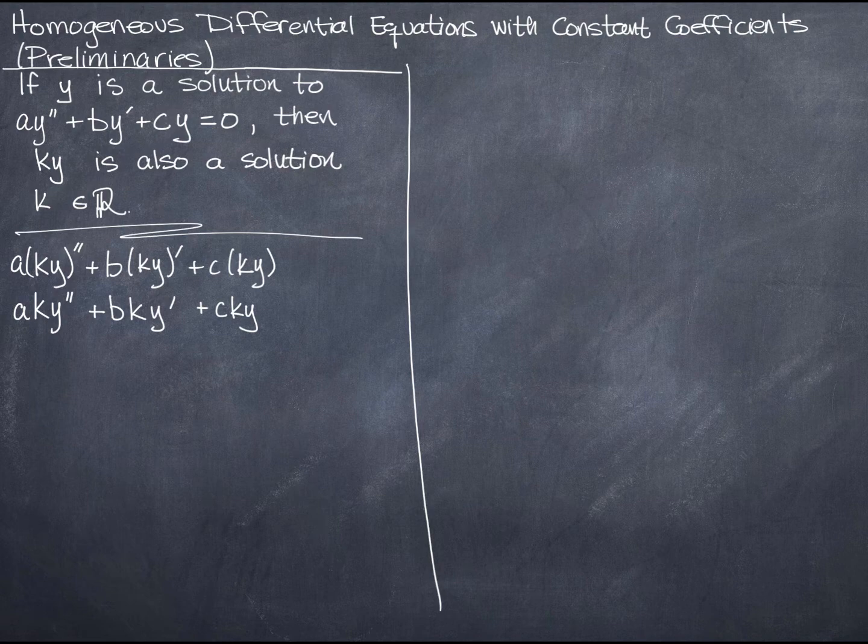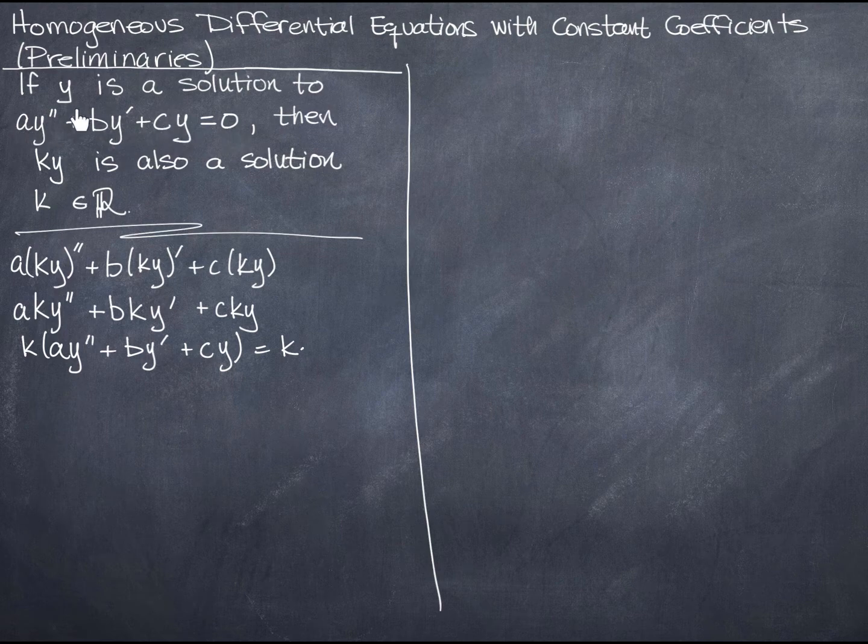All right, so now that I've established that, I notice that the only thing common to all three of these terms is the k, so I'll pull that out, and I'm left with a times y double prime plus b times y prime plus c times y, and that's equal to k times, well, guess what? The left-hand side of this equation equals 0.